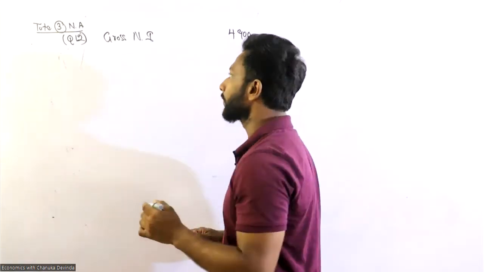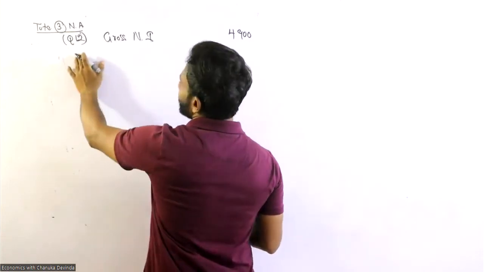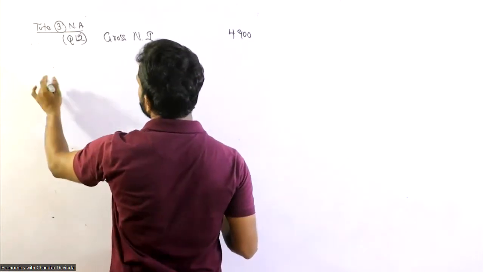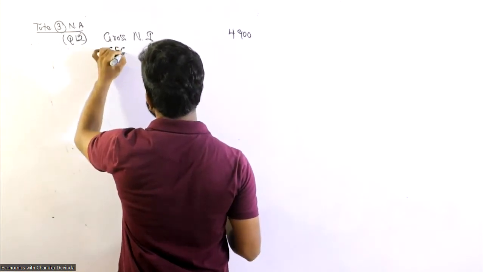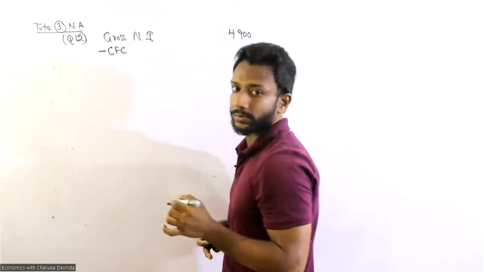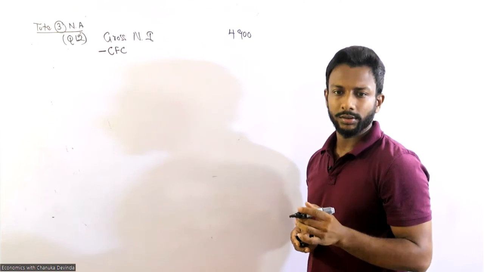So what are the removing elements? Here, depreciation is no need to calculate household income, then just remove it. Consumption of fixed capital was how much? It is 300.